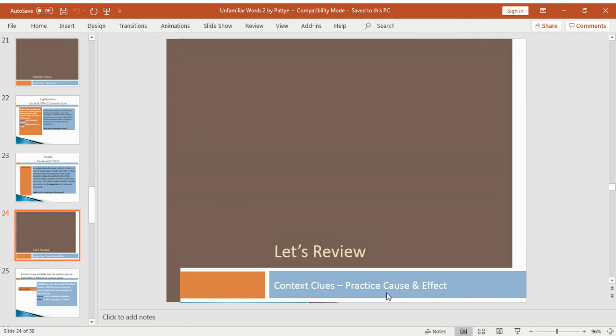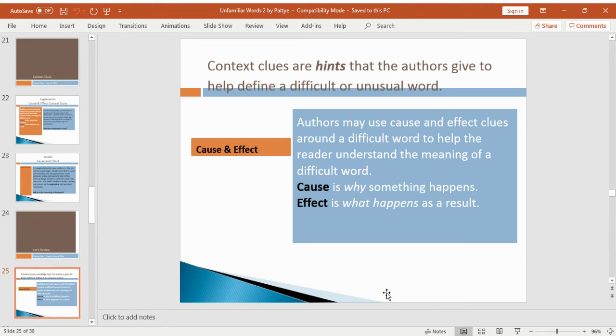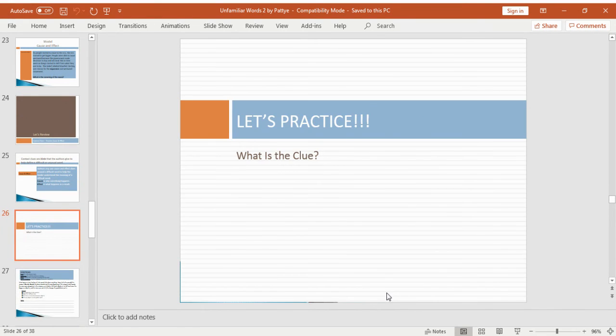Let's review what we have learned about using cause and effects with context clues. Cause and effect can be used by authors around difficult words to help them understand the meaning of these difficult words. Cause is why something happens. Effect is the result. So we know that when we use context clues, we can determine what the word means.